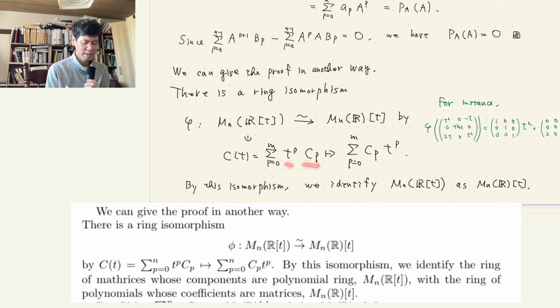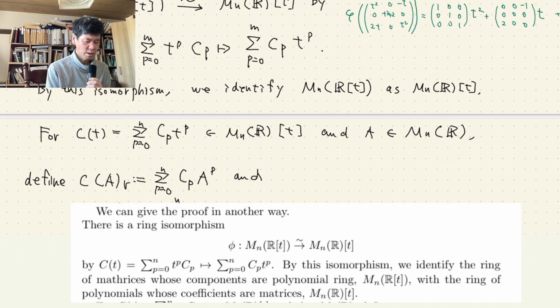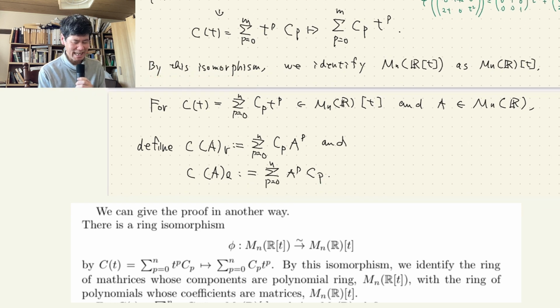For example, for this matrix, the coefficient of t squared is 1, 1, 1, and the coefficient of t is minus 1, 2, and the constant coefficient is 1, 2. By this isomorphism, we identify the matrices whose components are polynomials as polynomials whose coefficients are matrices.